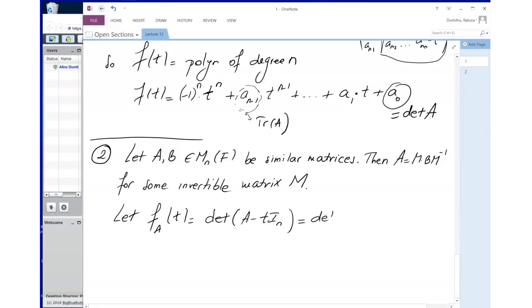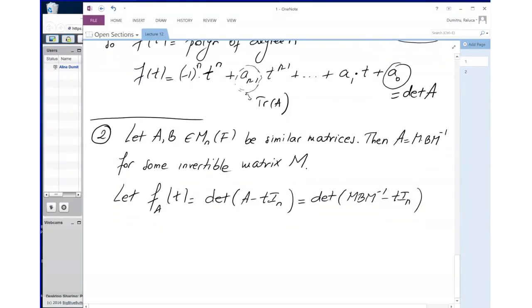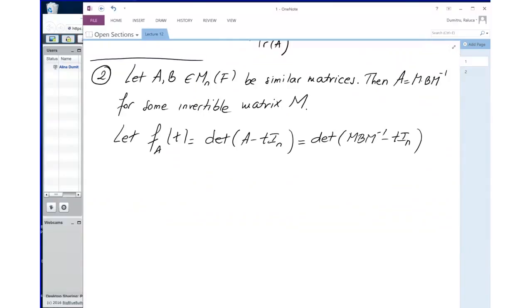But A, we said, is the same as M B M inverse. They are similar. So here's what I'm going to do. The identity matrix, I'm going to replace it by M times M inverse. It's the same thing.